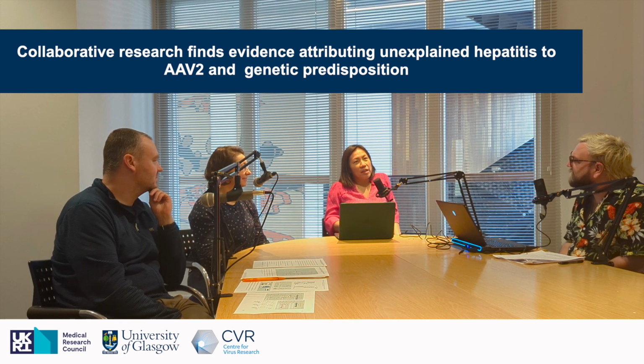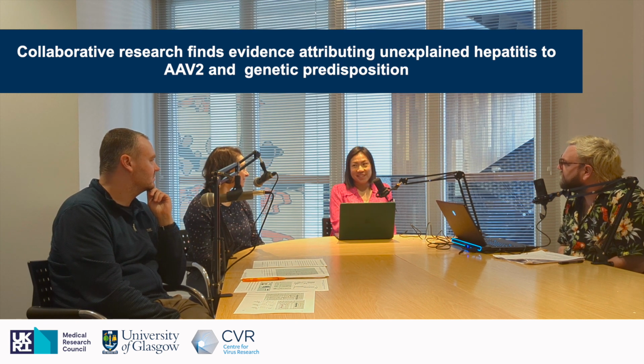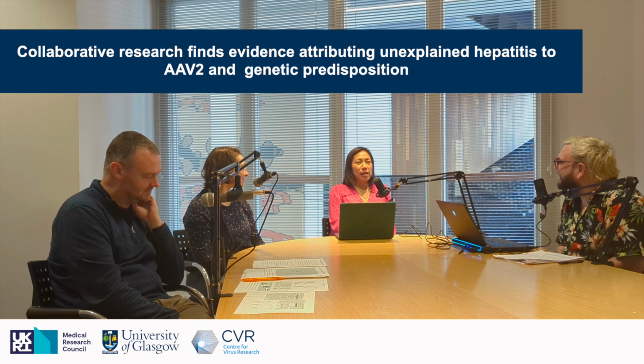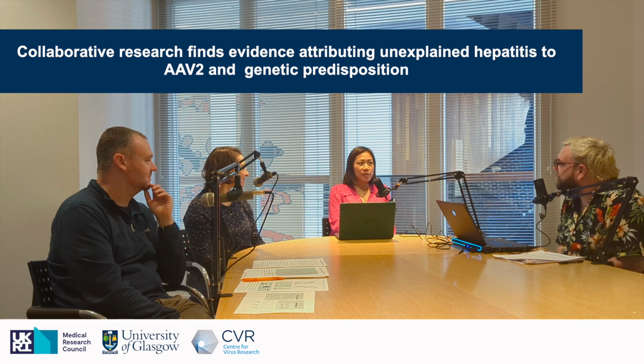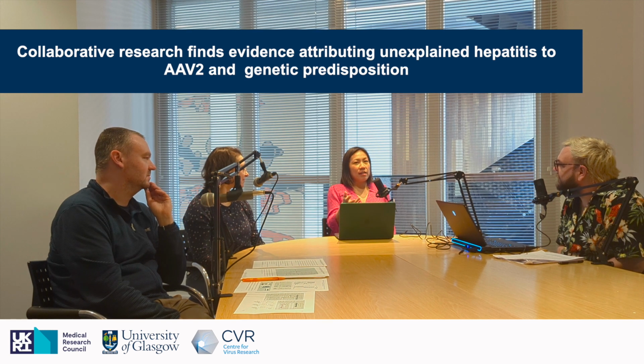Typically, yeah. I think most people, including myself, knew virtually next to nothing about AAV2, which stands for adeno-associated virus 2. It's from the genus Dependoparvovirus. Why it's called Dependo is because it cannot replicate by itself. It needs a helper virus in order to replicate.